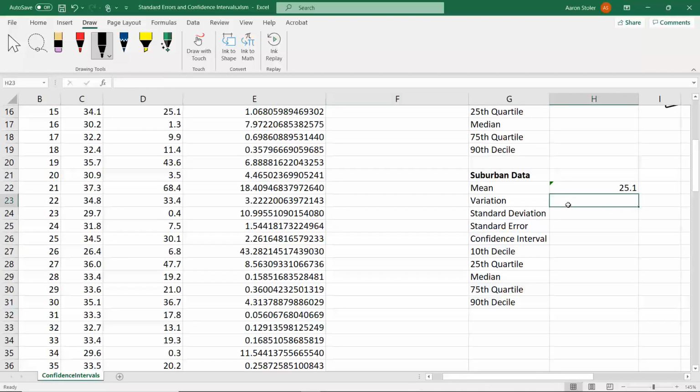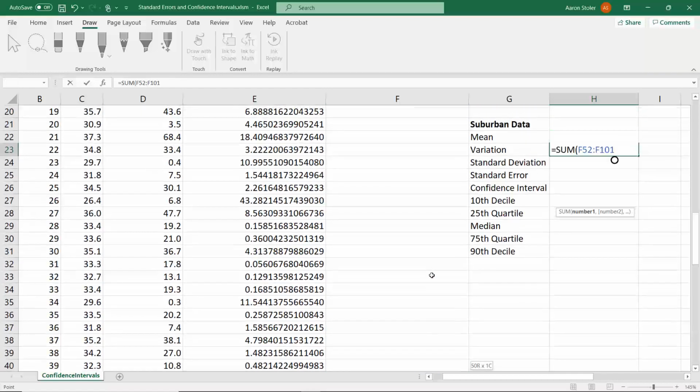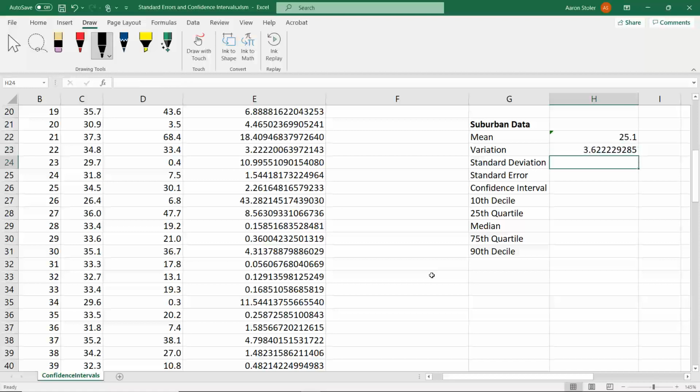So we can calculate our variation as the sum of all of those data points divided by, as before, 50 data points, so 50 minus 1. The standard deviation is equal to the square root of the variation.